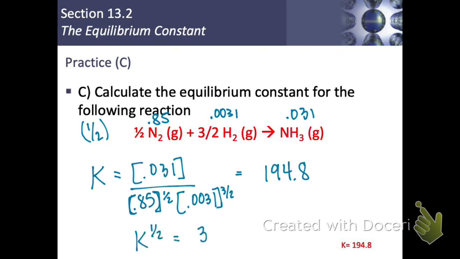If I took 37,950 to the 1/2 power, then I get the same thing, 194.8. So I can manipulate K however my reaction was manipulated. If I took my reaction times 3, I would then cube my K value and I'd get my new equilibrium constant.